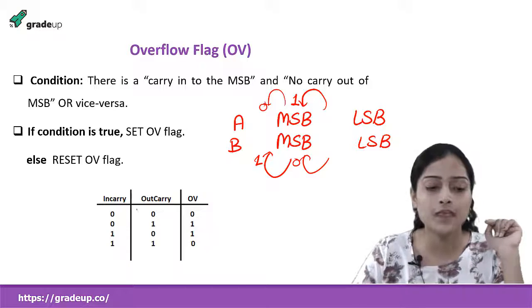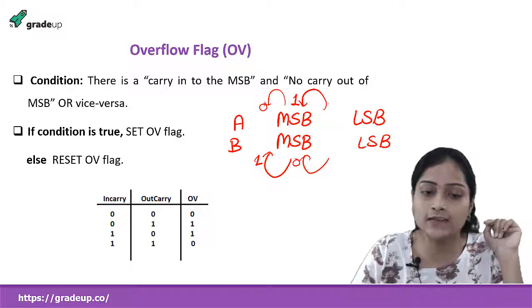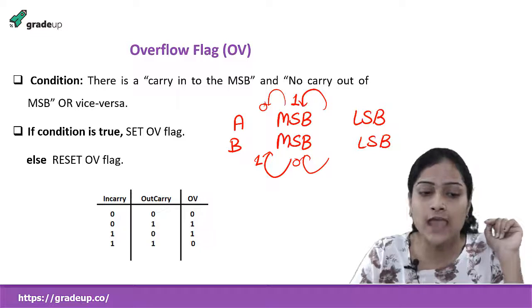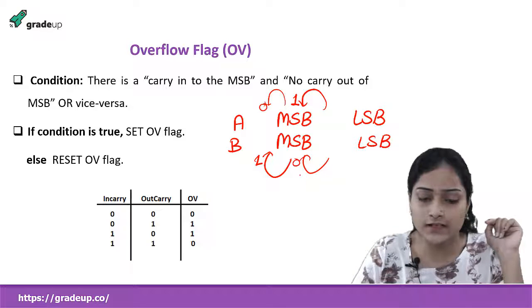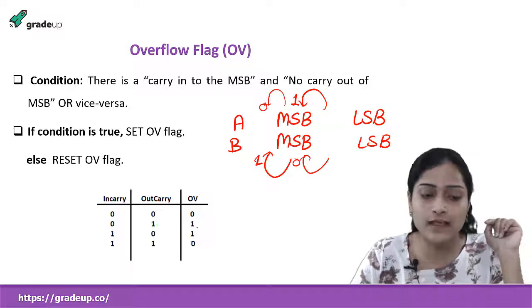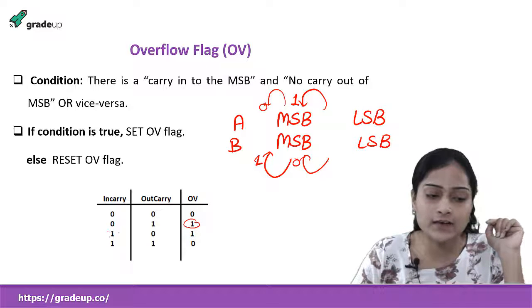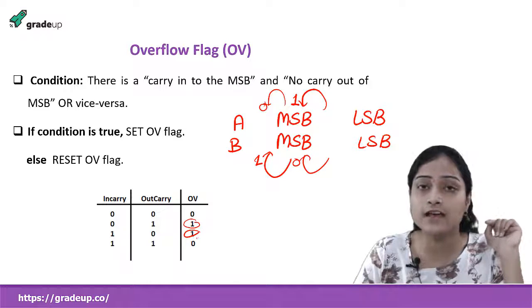Suppose this carry into MSB is known as in carry and carry out of MSB is out carry. When your in carry is 0 and your out carry is 1, then your overflow flag is set. When in carry is 1 and out carry is 0, then your overflow flag is set, otherwise reset.